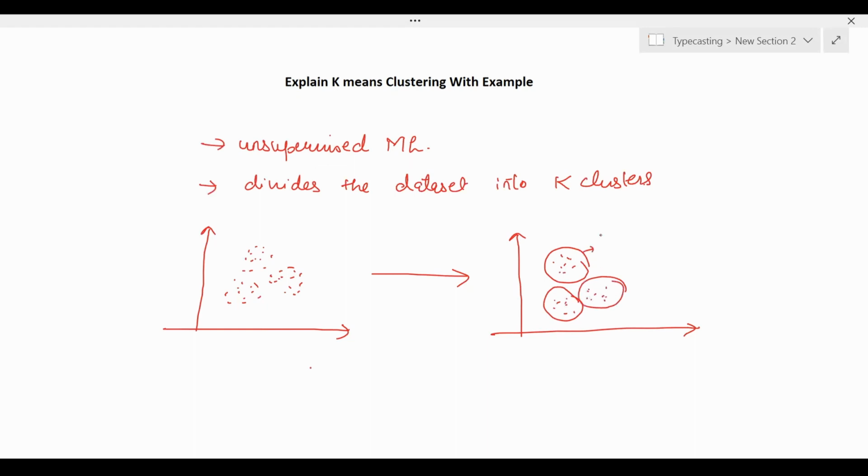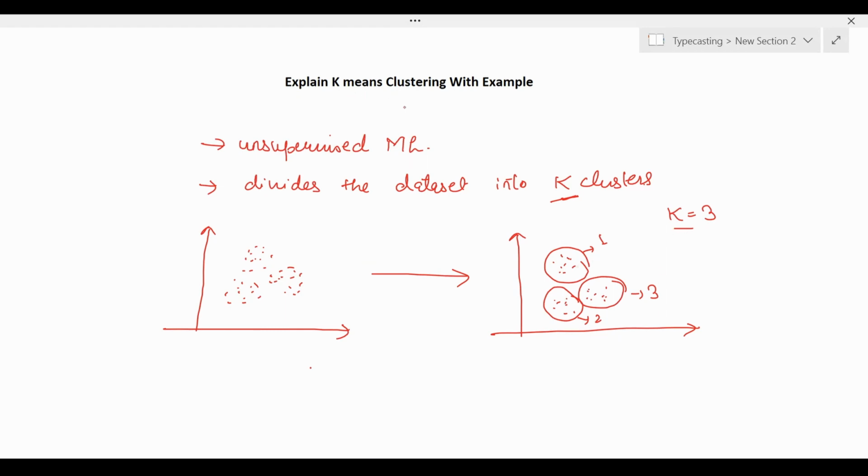So this is cluster number 1, cluster number 2, cluster number 3. So here the value of K is 3. K is how many clusters you want to have for this data set. So it has divided the data into 3 clusters, so K equals 3.